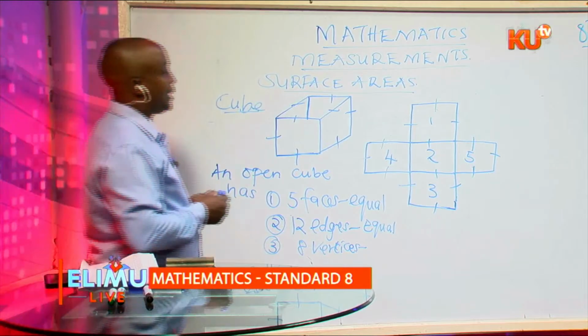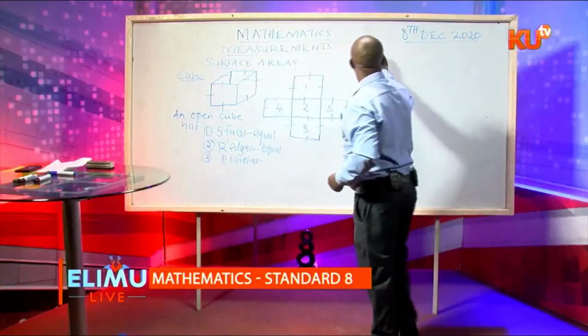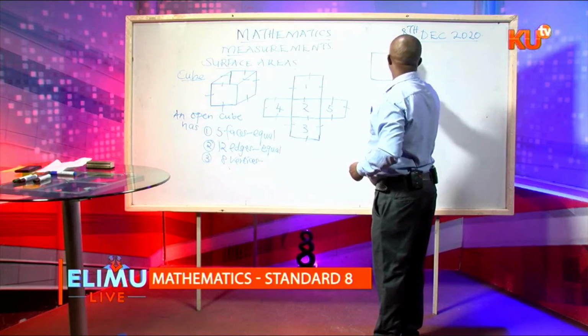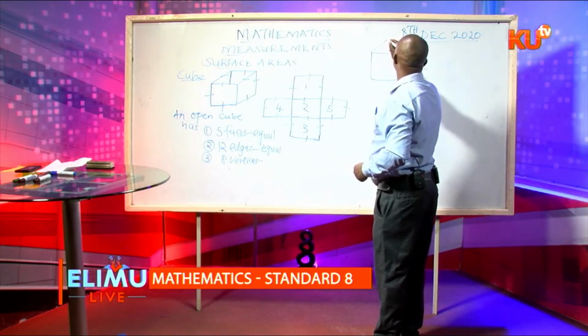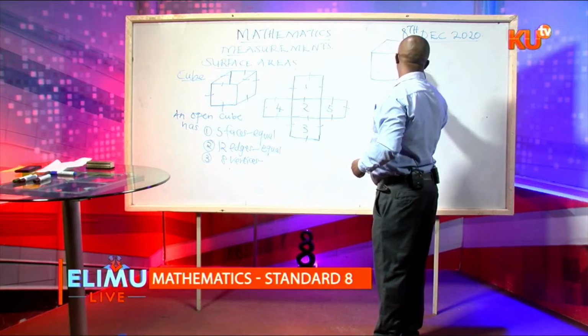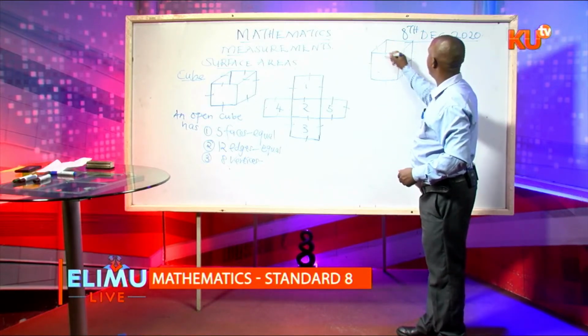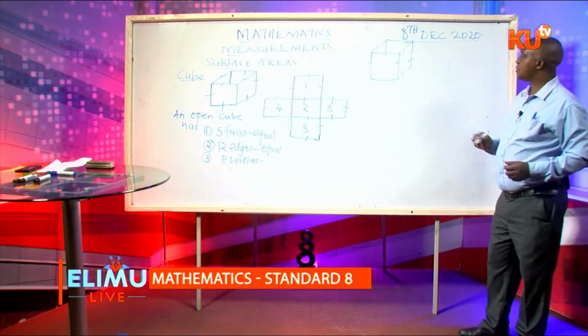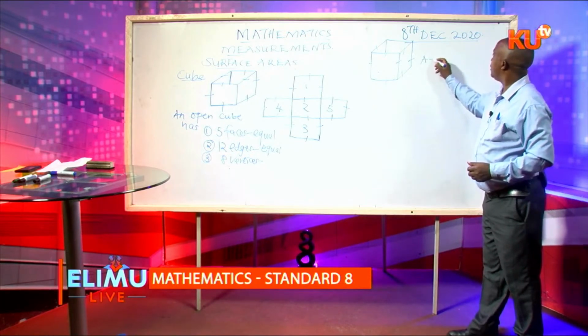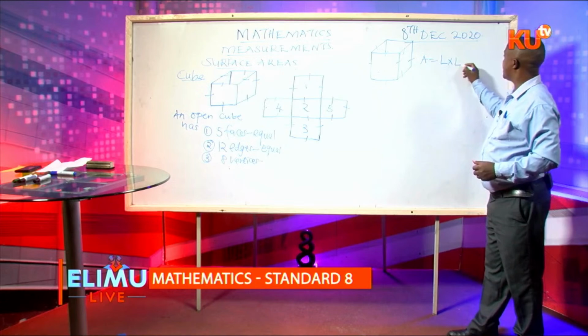So when you're getting the surface area of such a cube, all sides equal, and it's open. And what we have said, with the closed, we multiply the area of one side by 6.